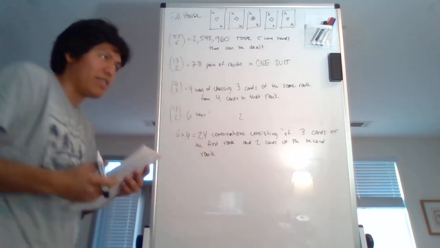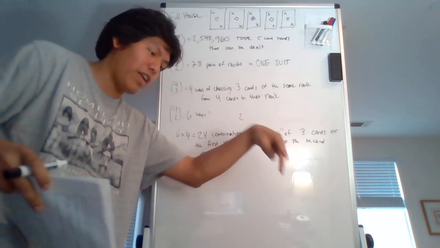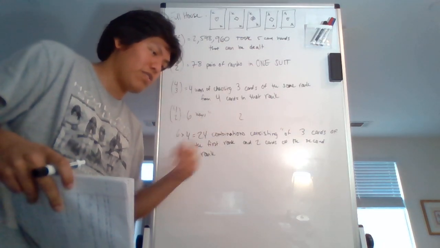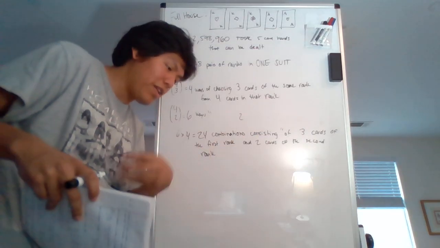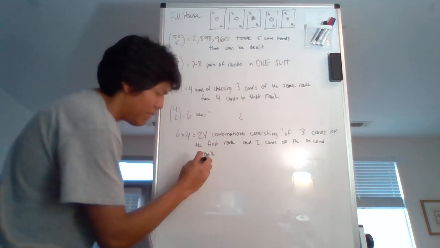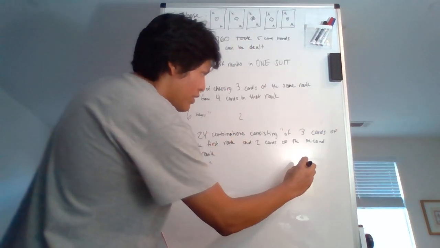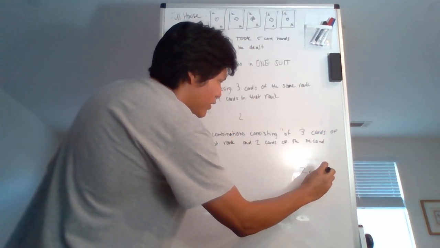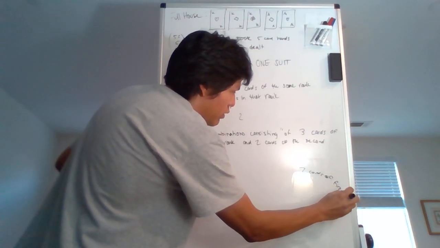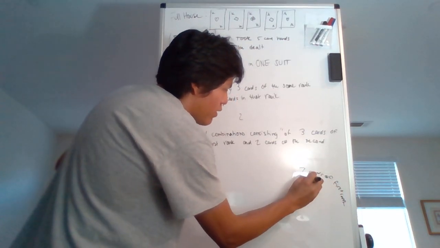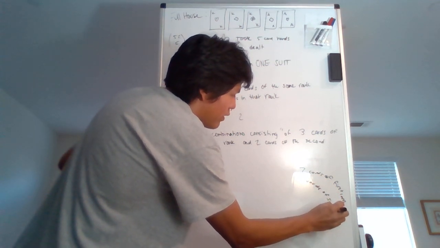We also have to consider, well, what if we take 2 cards of the first rank and 3 of the second? So instead of taking 3 up here and 2 down here, what if we take 2 up here and 3 down here? And it's the same. There's also 24 ways to do that. So 24 combinations of 2 cards of the first rank and 3 cards of the second rank.